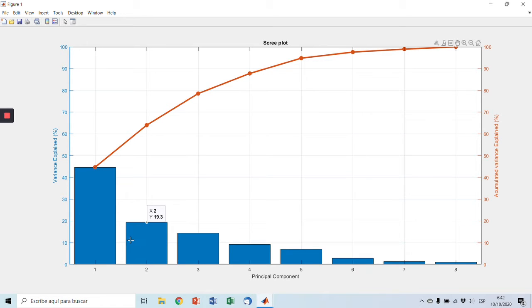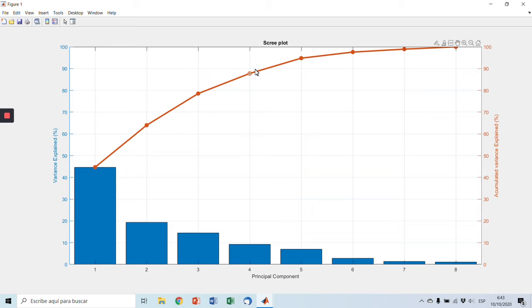And the thing is that not all of them are equally important. The most important ones are the ones that explain more variability in the data. So this is the percentage of the variance explained. So if you accumulate that percentage, it turns out that with 4 components you are explaining about 90% of the original variability.